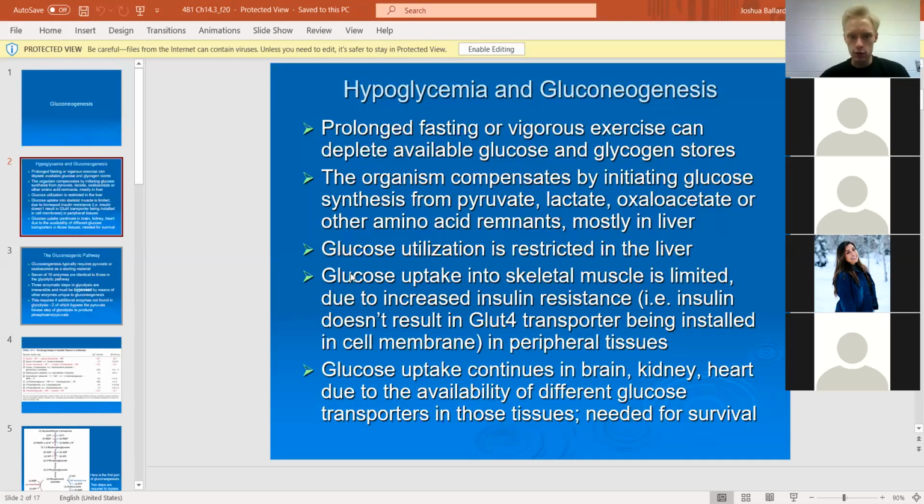Gluconeogenesis occurs mostly in the liver. That's where a majority of it happens, but there are also slight possibilities of gluconeogenesis occurring in the kidney, brain, heart, muscle, things like that. It usually uses pyruvate, lactate, oxaloacetate, or amino acid remnants.